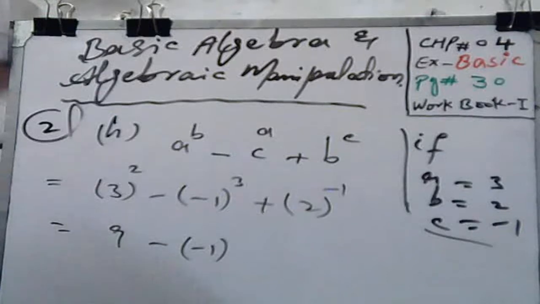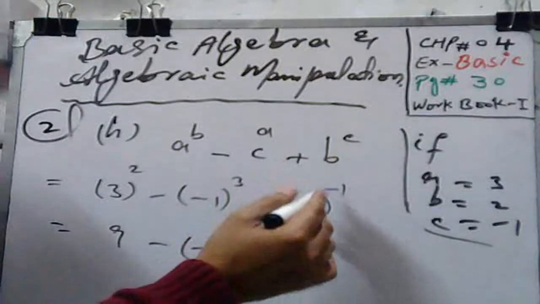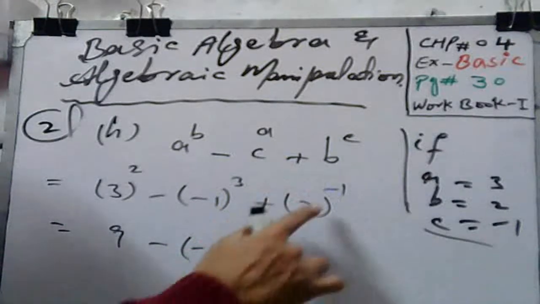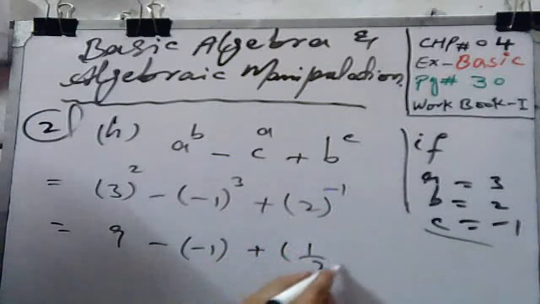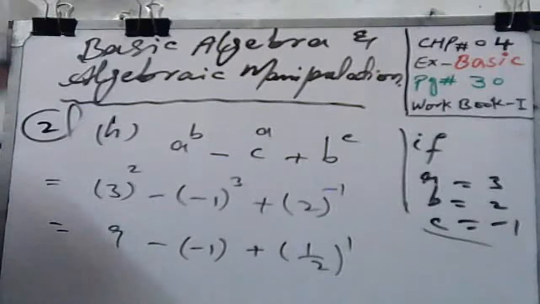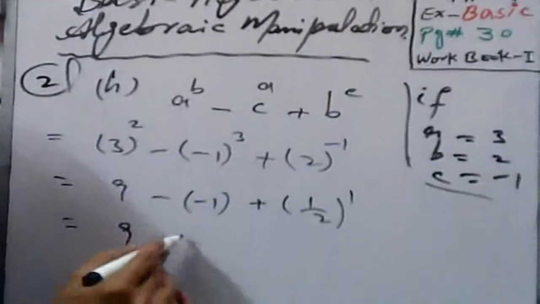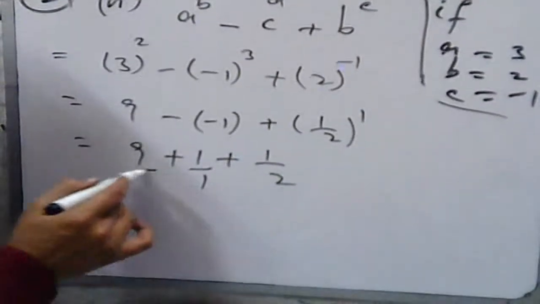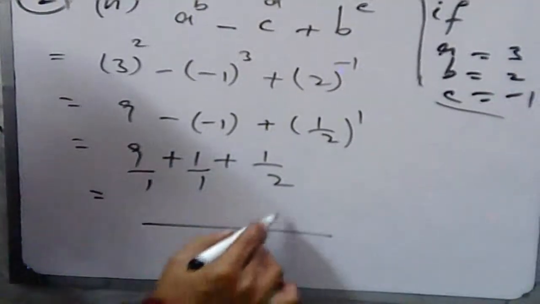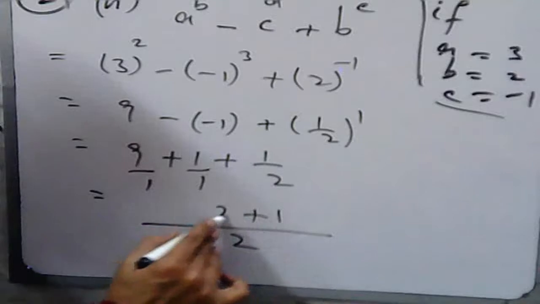So in this way, after simplification, plus 1 by 2. Now here denominator is 1, so you can take the LCM. 2 plus 9 2s are 18. So your result is 21 by 2. 21 by 2 is your required result.